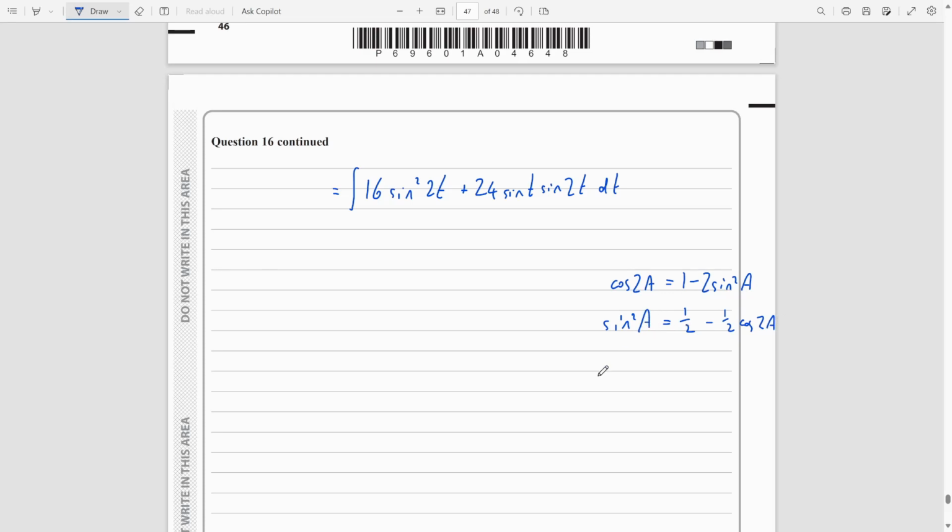Replace a with 2t, and what we have is sine squared 2t is a half minus a half cos 4t. What I have here is 16 sine squared 2t, so it's this expression times 16. So that is 8 minus 8 cos 4t.